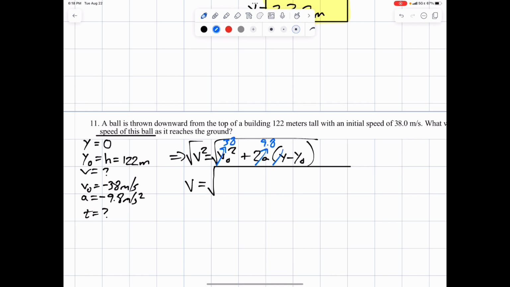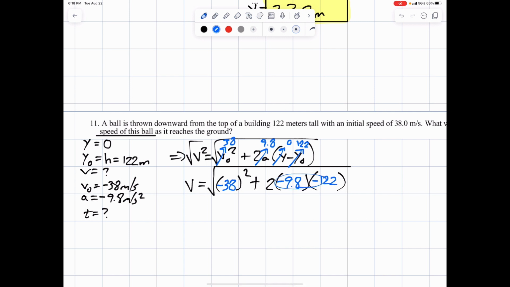We're going to put 0 here, and in place of y naught, we're going to put 122. So let's go ahead and plug into this. We have negative 38 squared, and then 2 times negative 9.8, and then 0 minus 122 is negative 122.